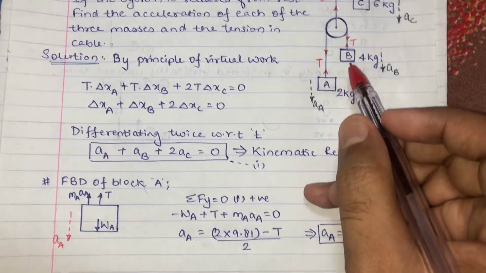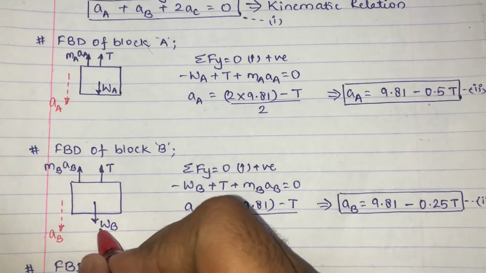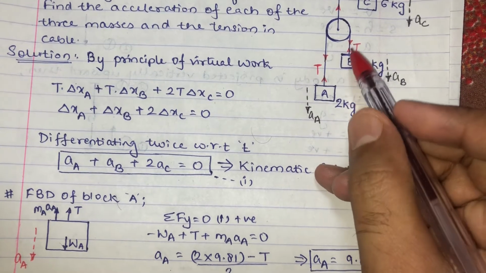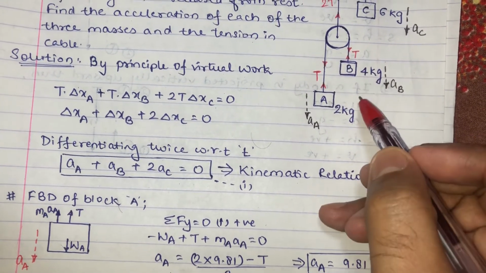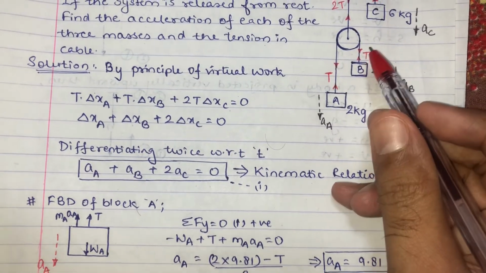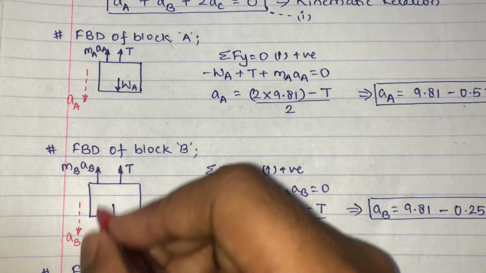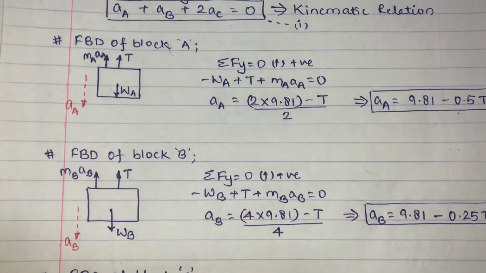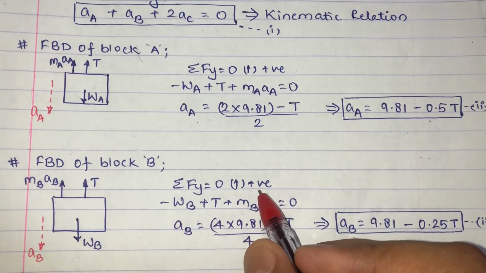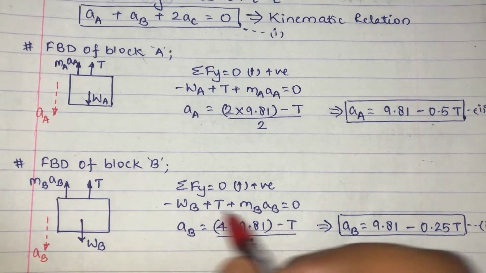Let's see the second block, block B. Weight is acting downward, T is acting above. We have considered the acceleration down, so its inertial force will be above. Applying summation Fy equals 0, upward positive: minus WB plus T plus MB AB equals 0.